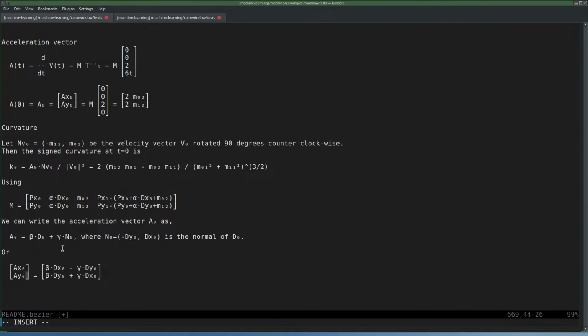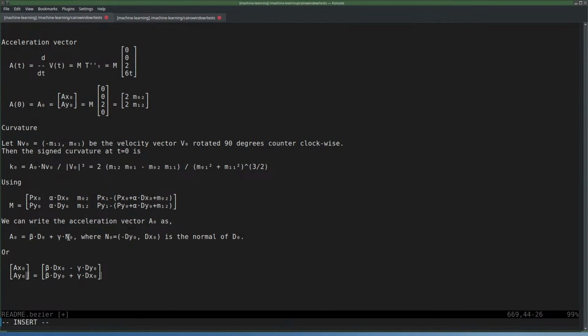Yeah, D0 and N0 are perpendicular. So they are an orthogonal basis for any vector. And I just introduced two new variables, beta and gamma. They're not the same as whatever I used before. And then we have a random vector. So any acceleration vector A0 could be written like that.